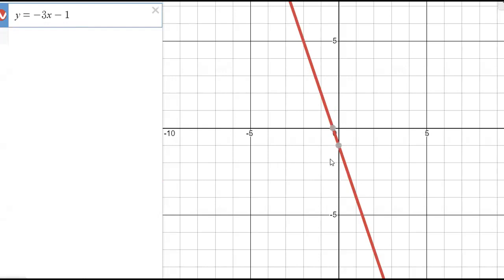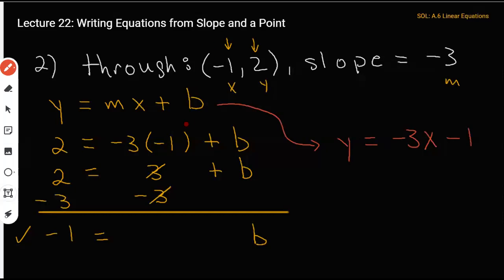The line is going to have a y-intercept right here, -1. It's also going to have an x-intercept, -1/3, it looks like. And the line is going to have a slope of -3. And it has to go through the point -1, 2.